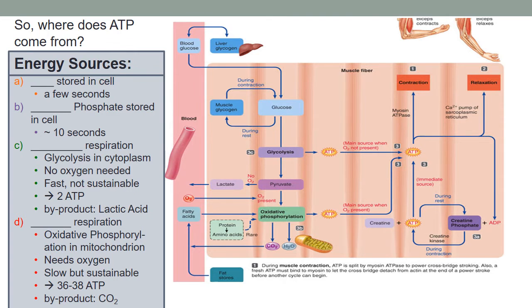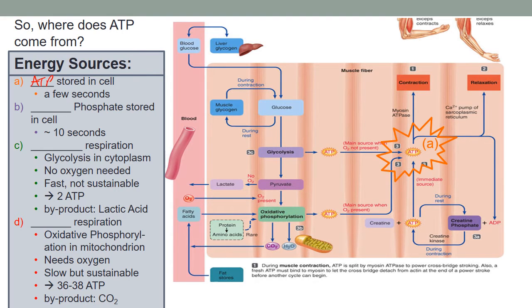So how do we get all that ATP? Where does it come from? If you've ever asked yourself, Mommy, where does ATP come from? Here's the answer. First off, there is a certain amount of ATP stored in the cell. Whenever the muscle is not contracting, it's still at a very slow rate making ATP.